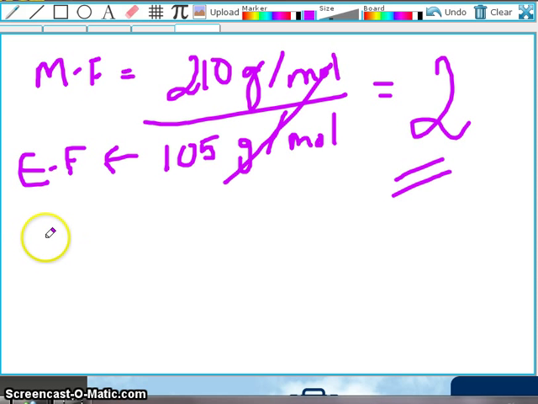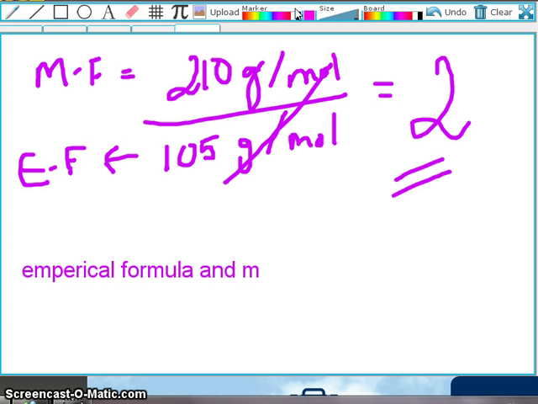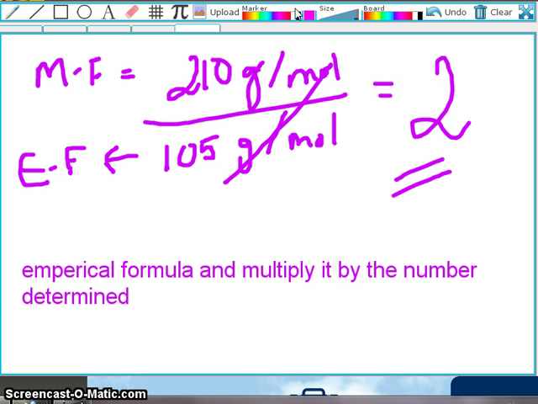So what you have to do, you take your empirical formula and multiply it by the number determined above, which in our case is simply the number 2, right? So it's 2.